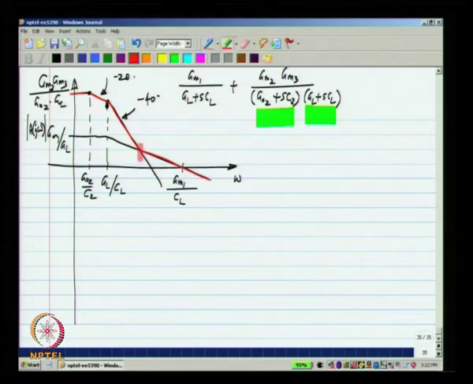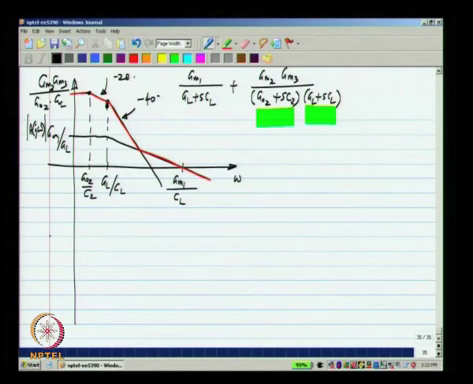Now, this sum will be inaccurate in this area where both have similar magnitude, but when one is much more than the other, you simply follow the higher one to give you the magnitude. So, this is a general thing when you have two functions being added together, and especially when you plot it on a log scale, you simply follow the higher valued function.